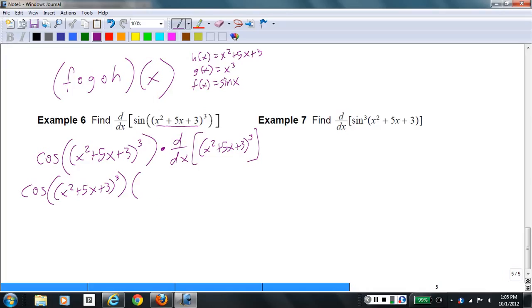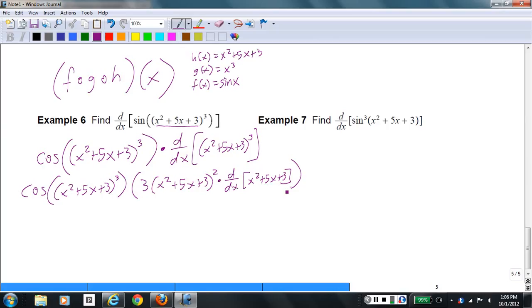The derivative of something cubed is 3 times that something raised to the second power, reducing the exponent by 1, times the derivative of that something.